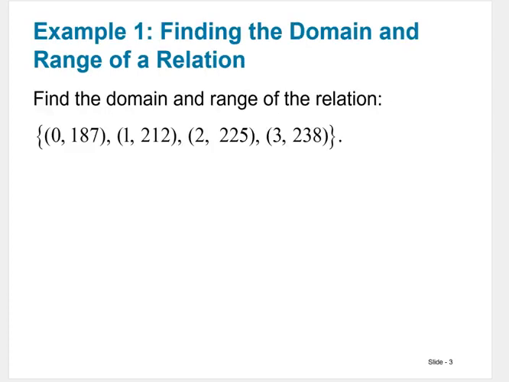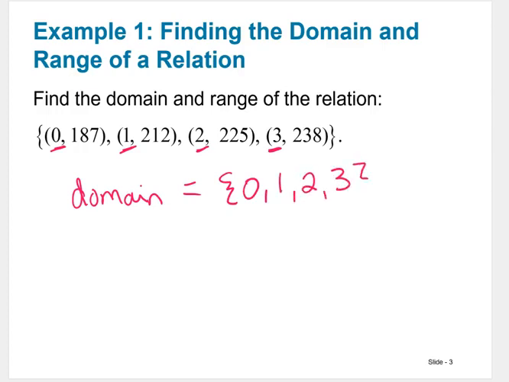All right, so let's just jump right to an example. Find the domain and range of each. Okay, so let's start with our domain. The domain is going to be the x values of each of these ordered pairs. Notice none of them repeat, so when we write out the domain, we just write each number in order from smallest to largest. Do not write any repeating values. You only have to write them once.